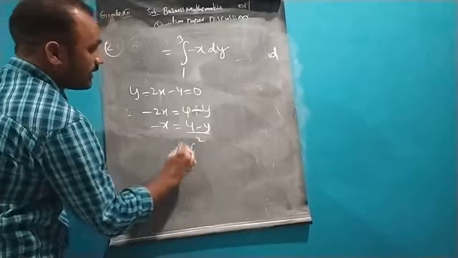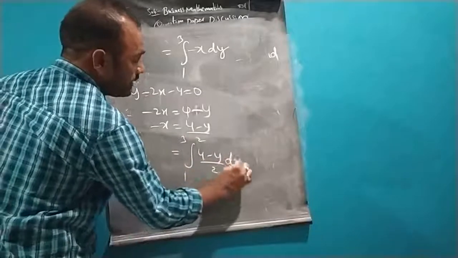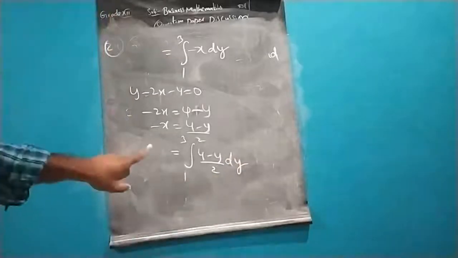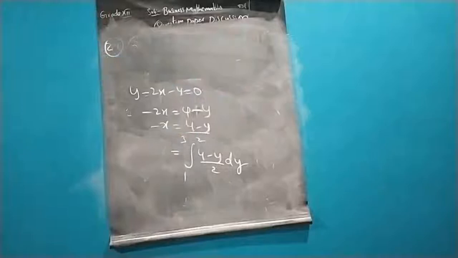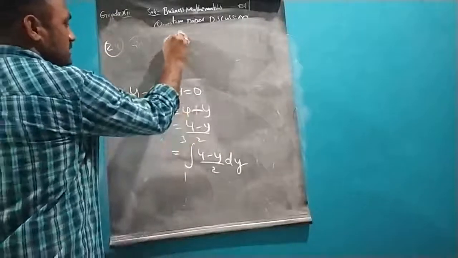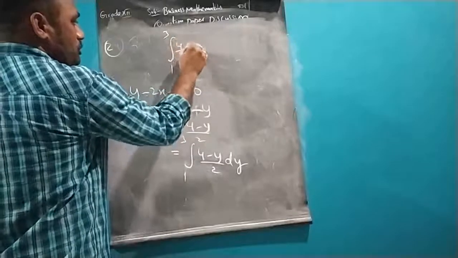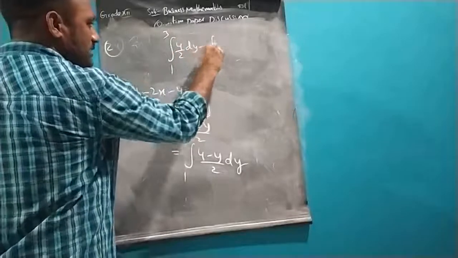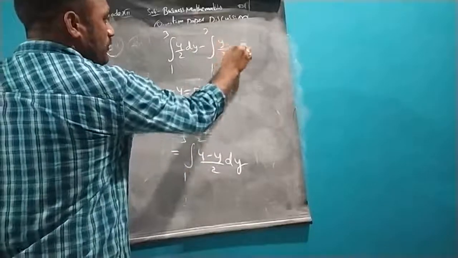That is integral 1 to 3 of y minus 4 by 2 dy. So we are integrating with respect to y this time. So when we are integrating with respect to y, we can write this as integral 1 to 3 of 4 by 2 dy minus integral 1 to 3 of y by 2 dy.